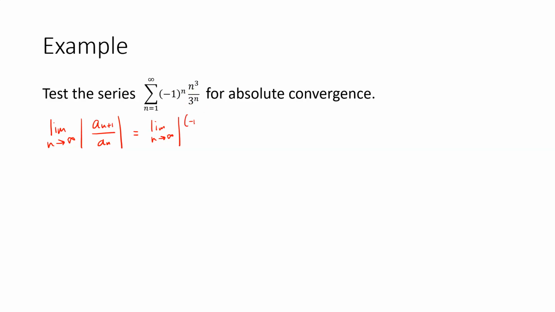So (-1)^{n+1}, (n+1)^3 over 3^{n+1}. And then we'll have divided by a_n, so this is exactly how it is. So I could divide by a_n, or here what I'll just do is I'll multiply by the reciprocal of a_n. So just flipping it over here.